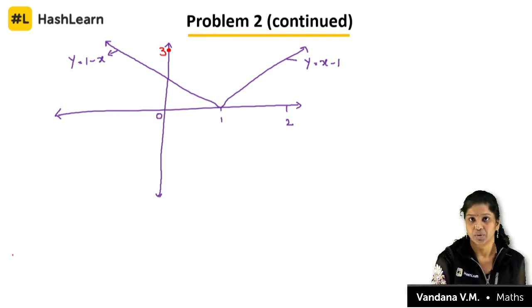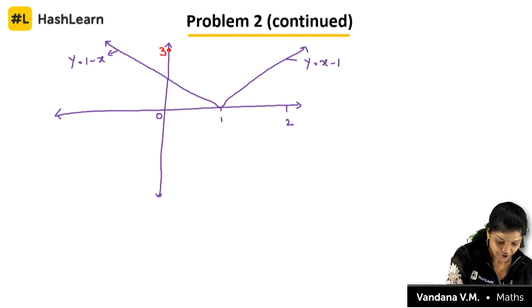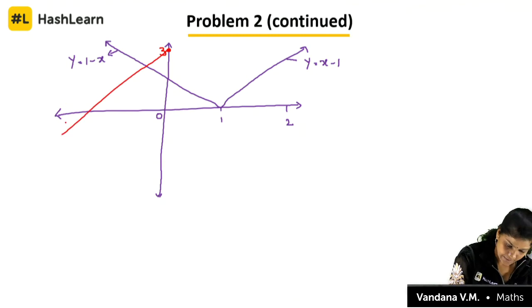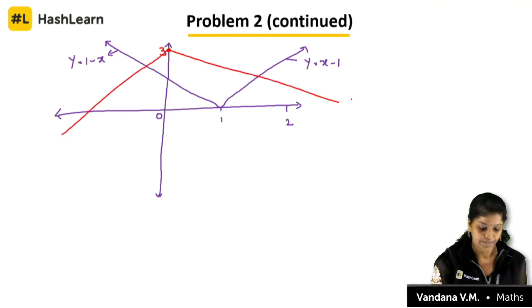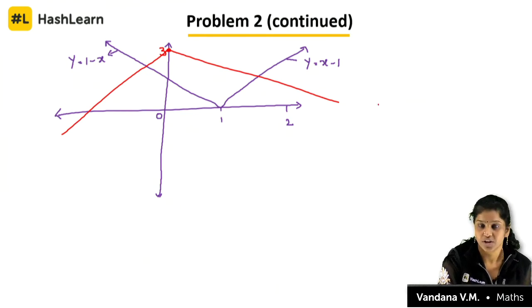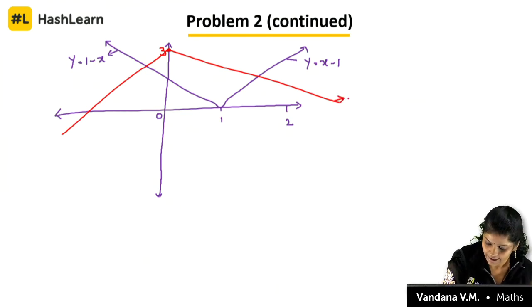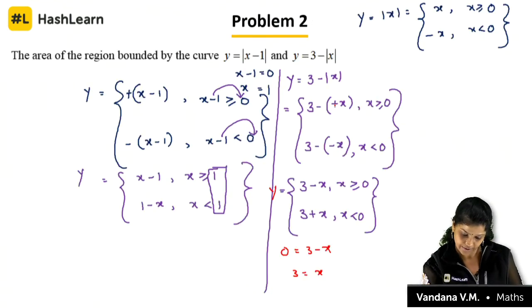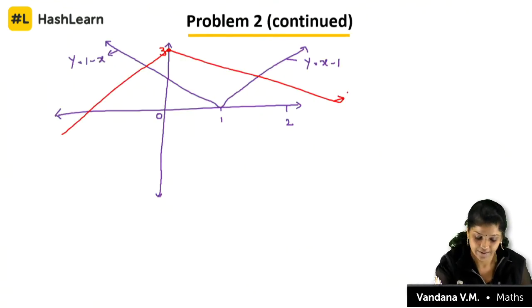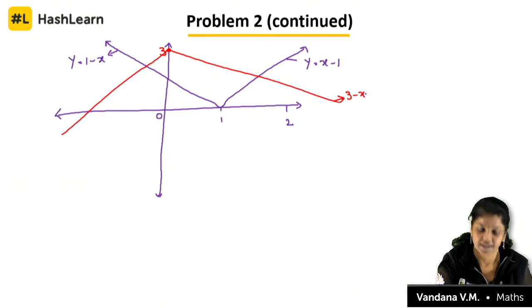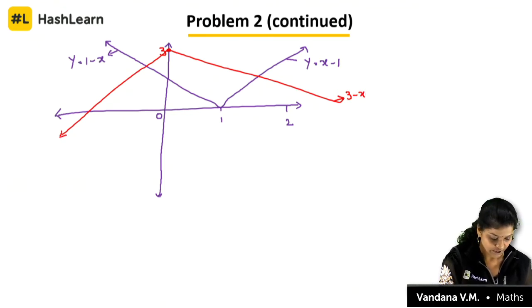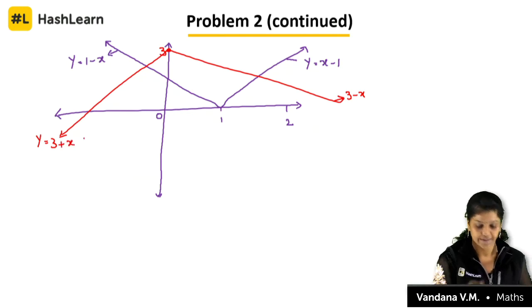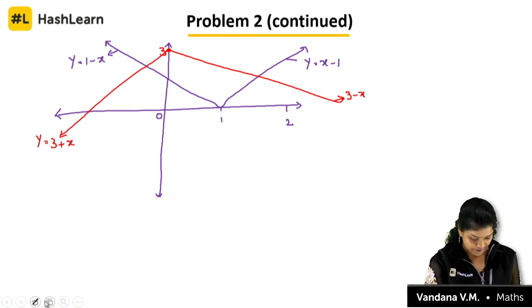When y is equal to 3, one function will come like this, the other one like this. Clear? Because this is the positive side, the value is 3 minus x, and this side is y is equal to 3 plus x. Yes, Radhika, what you said is correct.